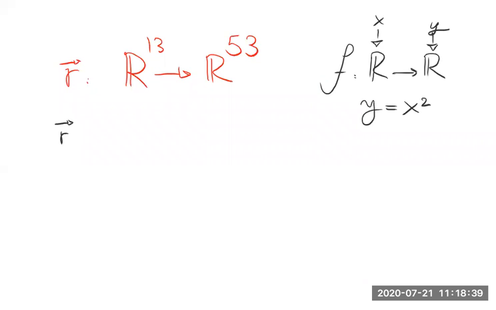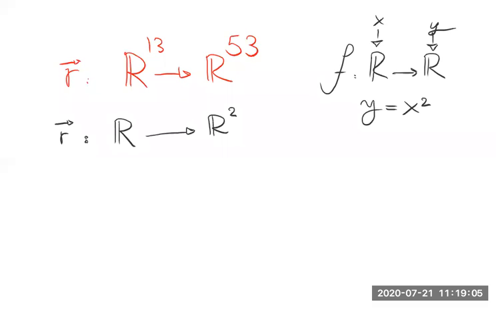If we want to go one step further, we can look at functions from R to R squared, or from R squared to R squared, or from R squared to R. All of them are possible. But now we are looking at this example: the functions from R to R squared.